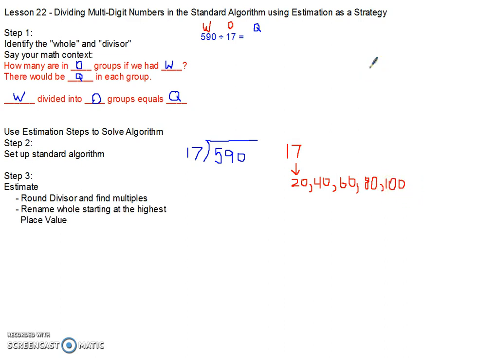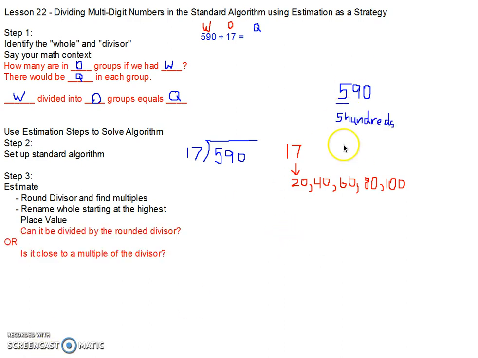Now we want to move to our whole of 590. To rename our whole, we are going to start at our highest place value in this number, which happens to be in the hundreds. So I would rename this as 500s. Now I want to ask myself one of two questions.